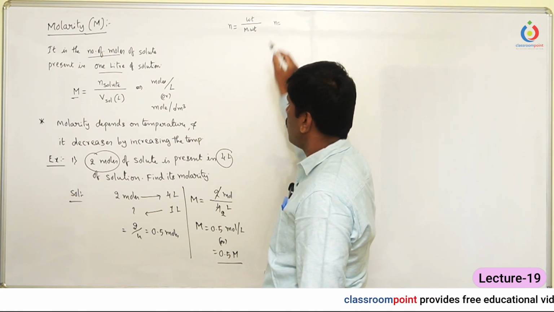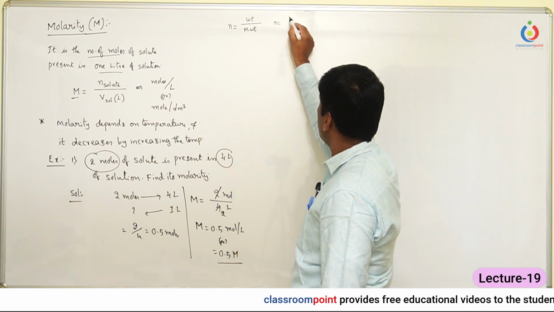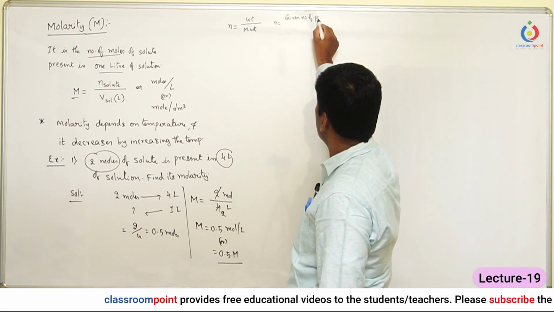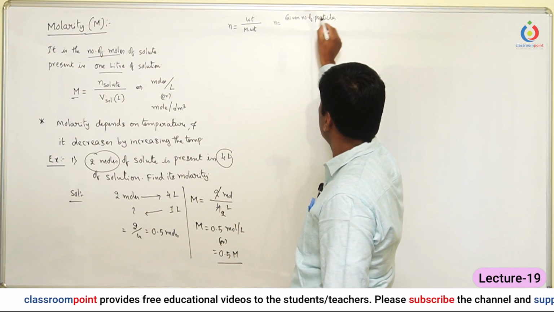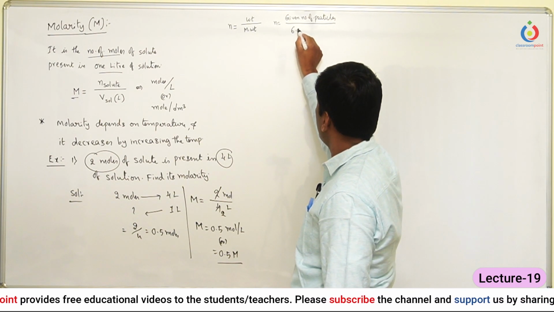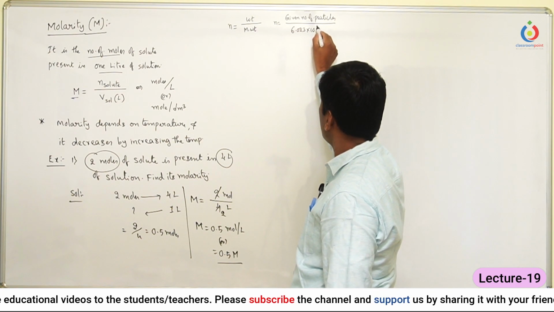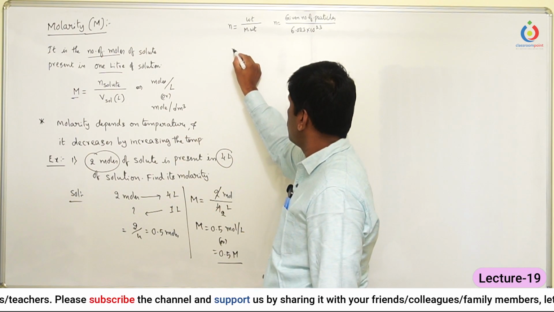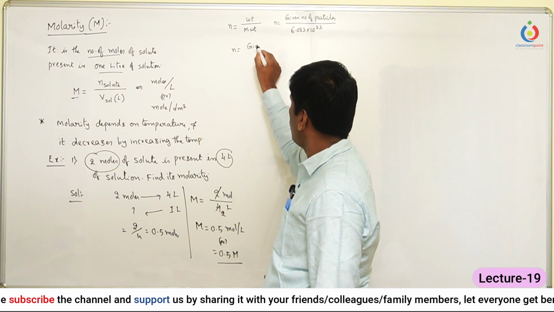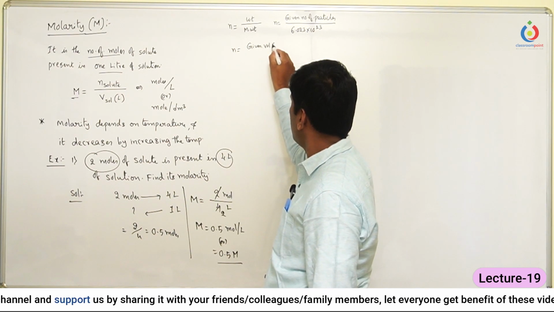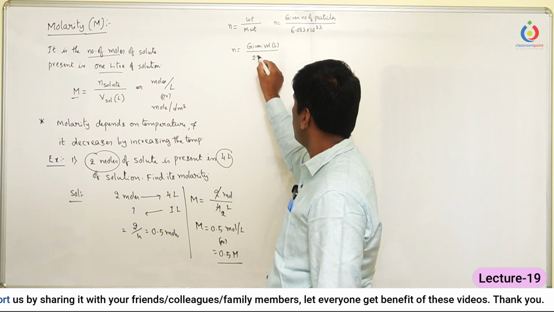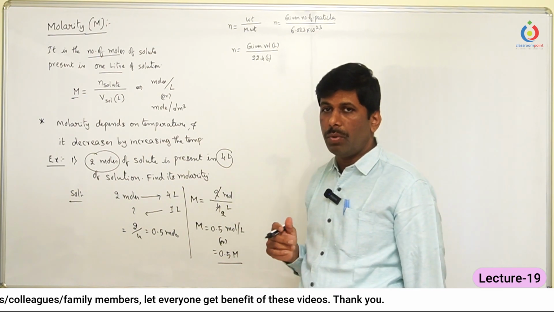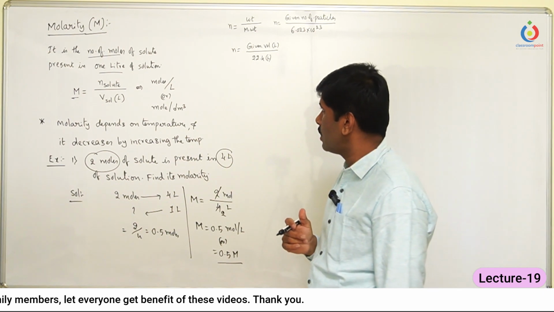If number of particles are given, then given number of particles divided by Avogadro number 6.023 into 10 power 23. Sometimes they give the volume. Then in such cases, n equals given volume of the solute in liters divided by 22.4 liters. How these formulas have come, that was discussed in the mole concept. Better watch that video once again.